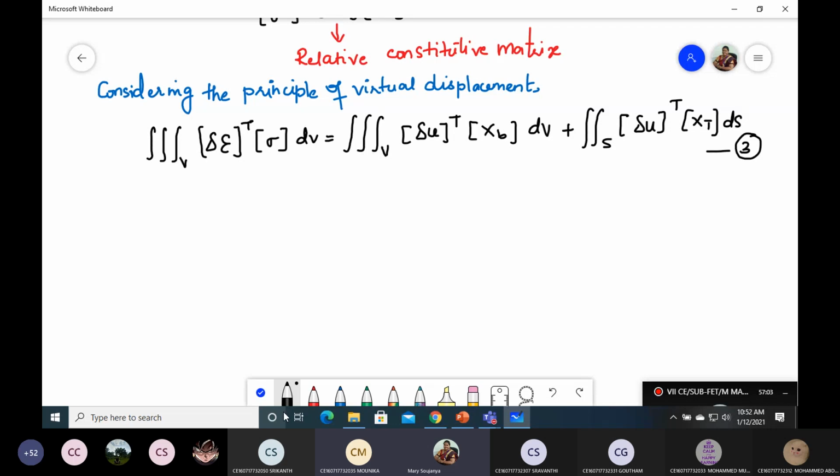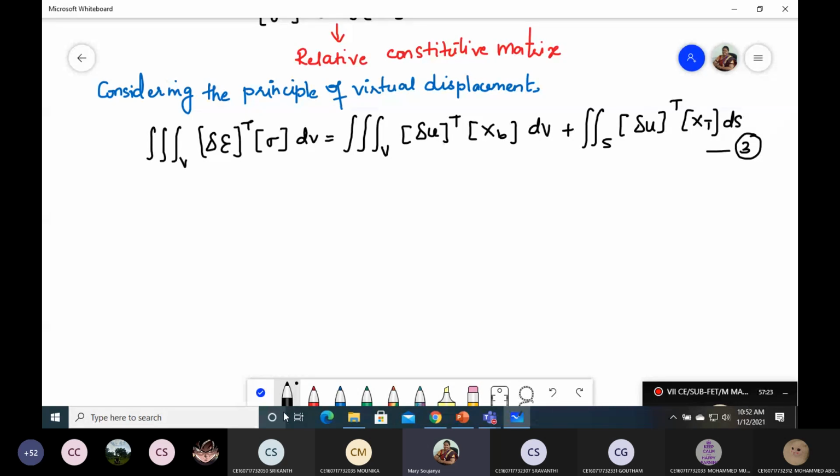Ma'am, it is potential energy in a 3D body. Are we trying to use the principle of potential energy here or the principle of virtual displacement? Check it properly. I wrote principle of virtual displacement.